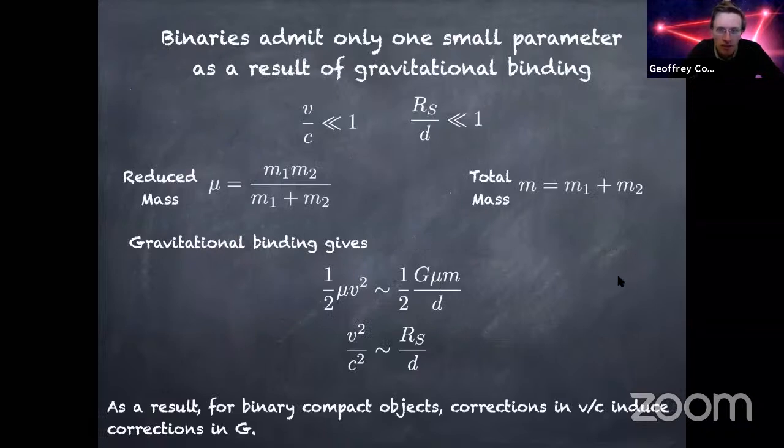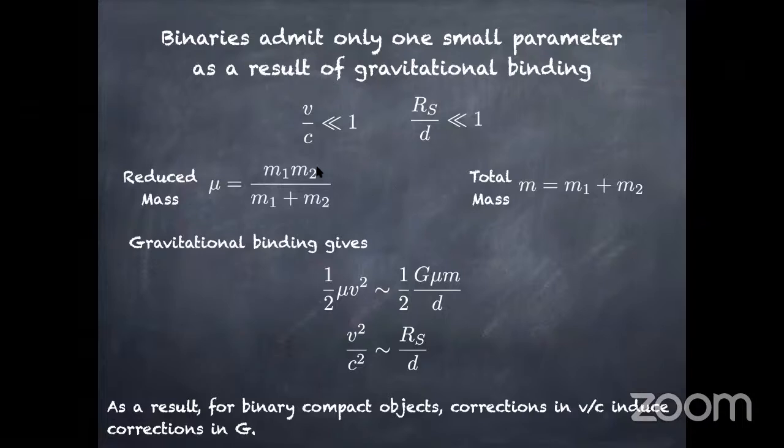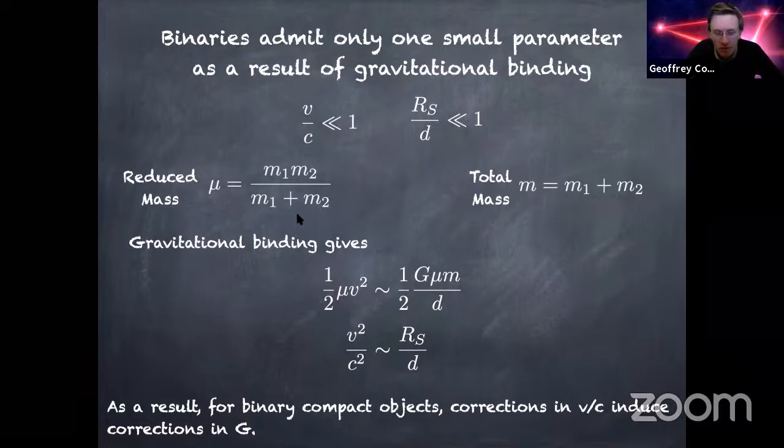So binaries admit actually only one small parameter, because here you can think that there are two small parameters that are independent of each other, but they're related. If you define the reduced mass by this equation, with the total mass defined earlier, the gravitational binding gives you an equality between the kinetic energy of the reduced one-body system and the potential energy of the reduced one-body system.